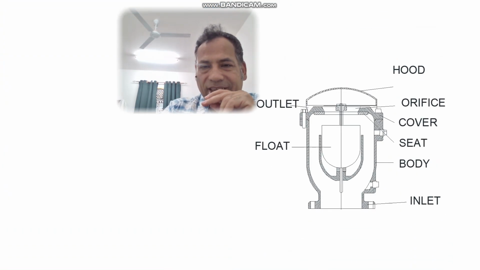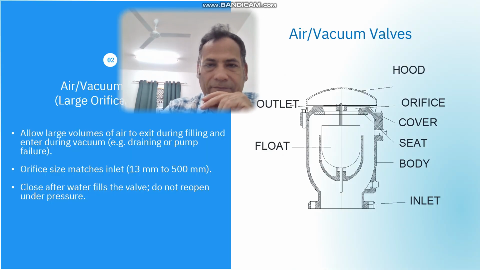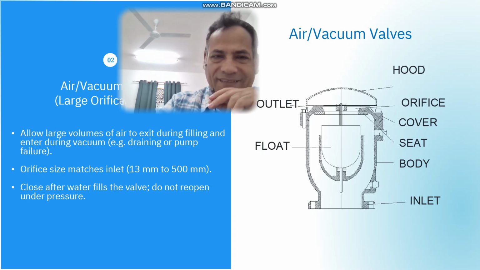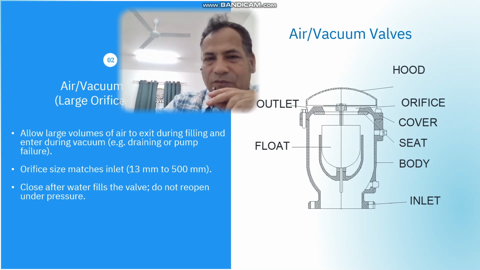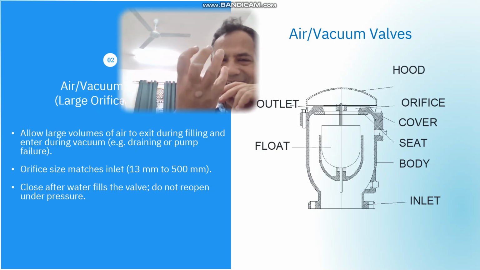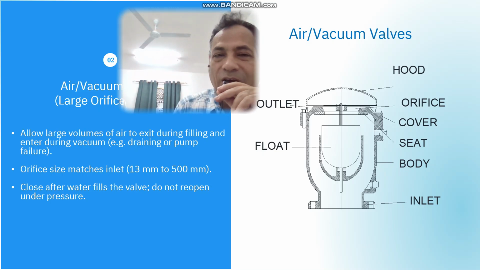Another type of air valve is the air vacuum valve. We can say the application is the same as the previous one, but what is the difference between this type of air valve and the previous one? This type of air valve can release air and can also suck air from outside.